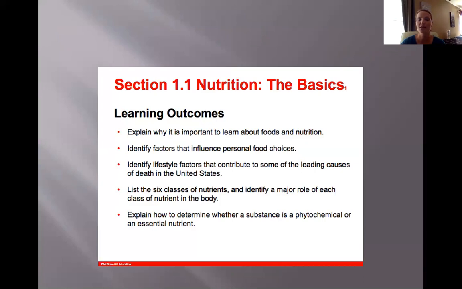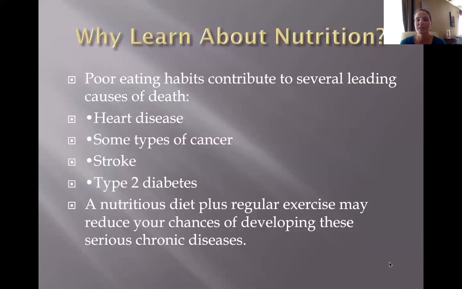We'll look at why it's important to learn about food nutrition, some of the leading causes of death in the United States, what impacts your personal food choices, the sixth class of nutrients, and how to explain and determine whether a substance is a phytochemical or an essential nutrient. And we'll talk about that here in a minute.